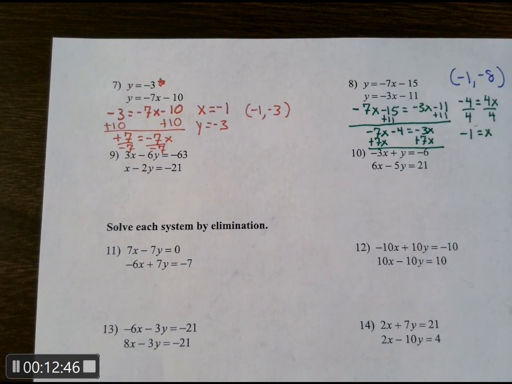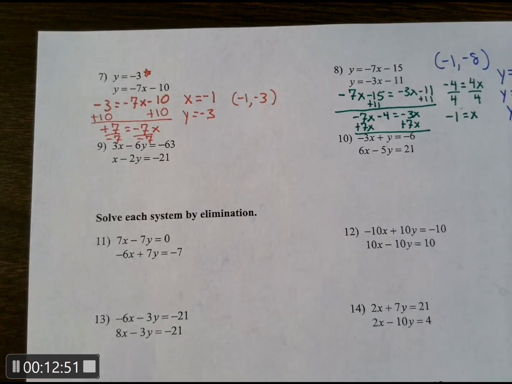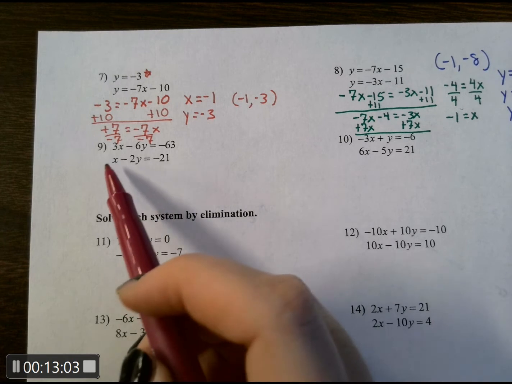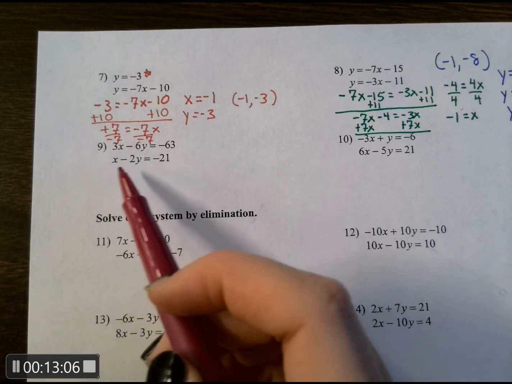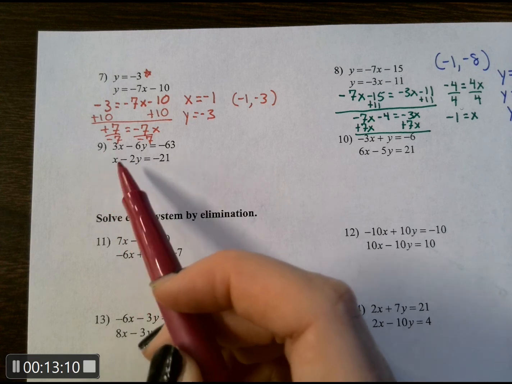Now let's look at number 9. So number 9 is a little bit different, because if you notice, we do not have an x equals or a y equals. So this time we have to solve for them. So remember, I said this way back, like last week, when we need to solve for one of our letters, pick the letter that does not have a number in front of it.